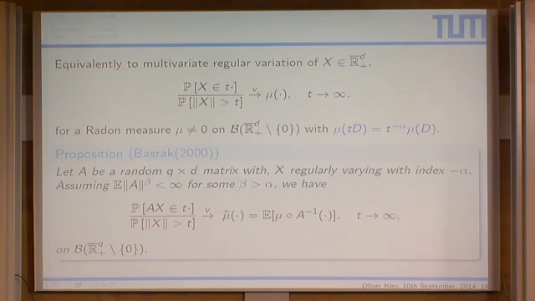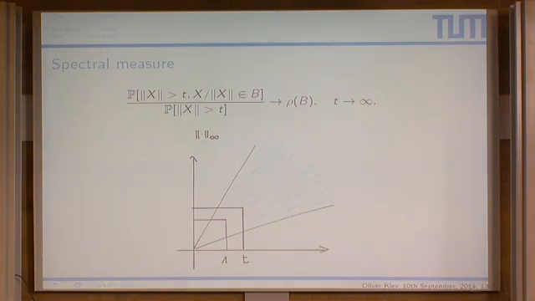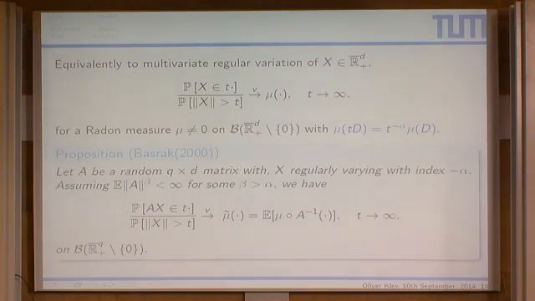Here is just another possible definition of multivariate regular variation. Here, this limit measure lived just on the sphere. It is also possible to define regular variation with a measure that lives on the whole R^d_+. This is for some technical reasons, so I introduce that too. Here we don't scale down to the unit sphere; we just put some set in, and as t goes to infinity, that set is blown up and moved outside, scaled with the norm of x greater than t.